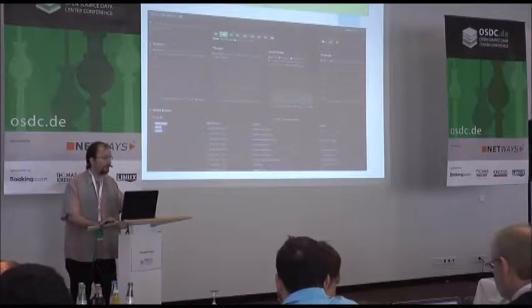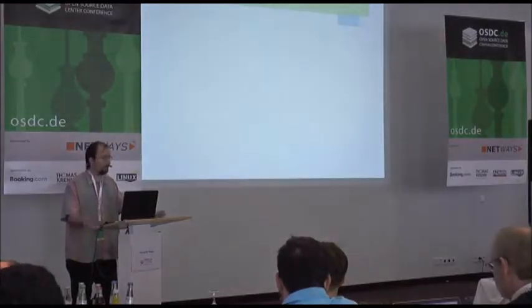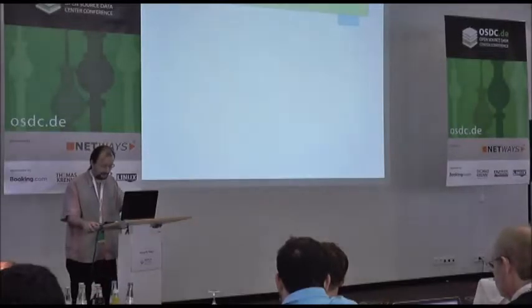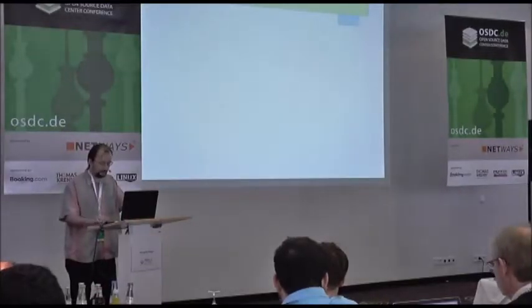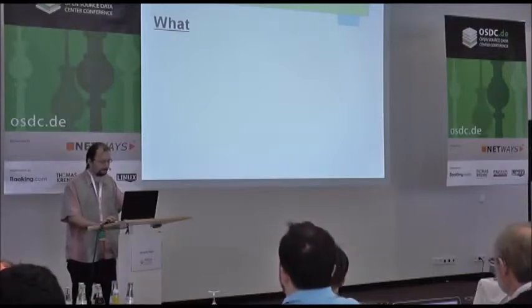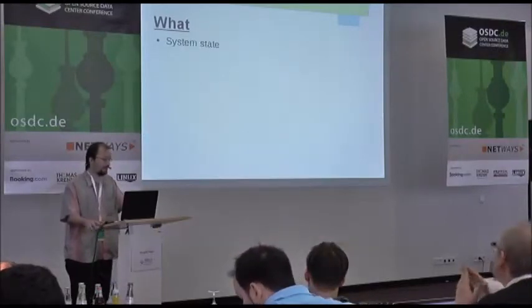So, what you can do with these tools and how to plug them together. To know that, first we need to know what we want to monitor, or what we can monitor.